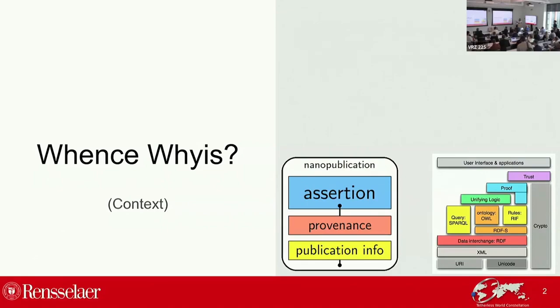The publication info is the fact that I, Jamie McCusker, uploaded the data set into Whyis on such and such a date. So basically the events of how you grab that data or make that data available, that's the publication. Yeah, exactly. Very well. Thank you. I just want to relate to your first slide.